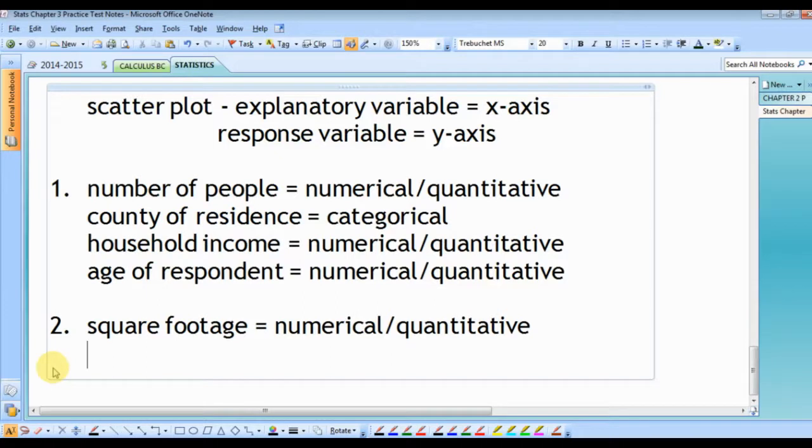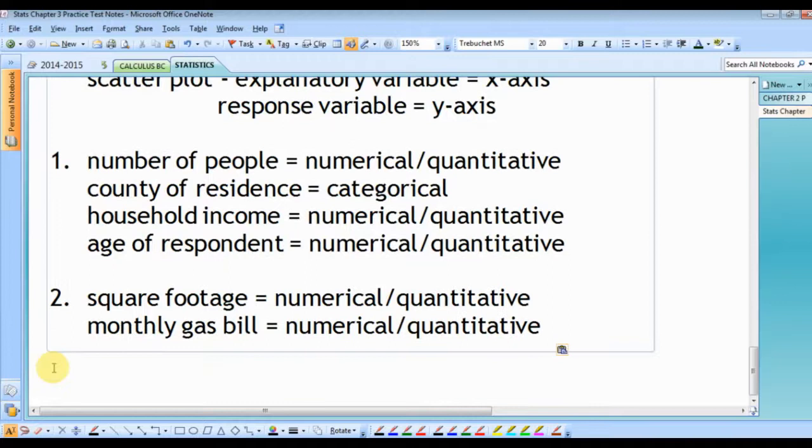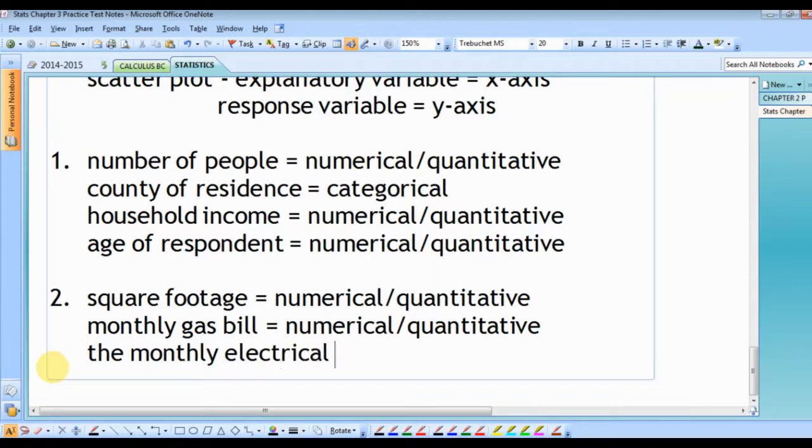Next one is monthly gas bill. A typical answer there would be like $70. Actually, that's a lot for California. But $70, that's a number, so the typical answer is numerical. Next, the monthly electrical bill.